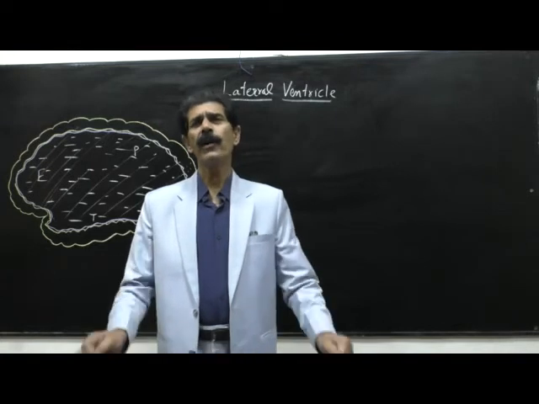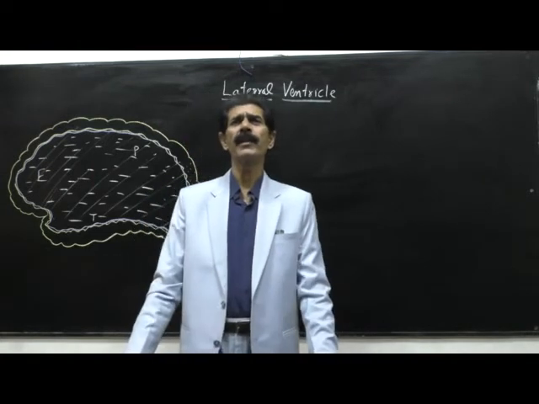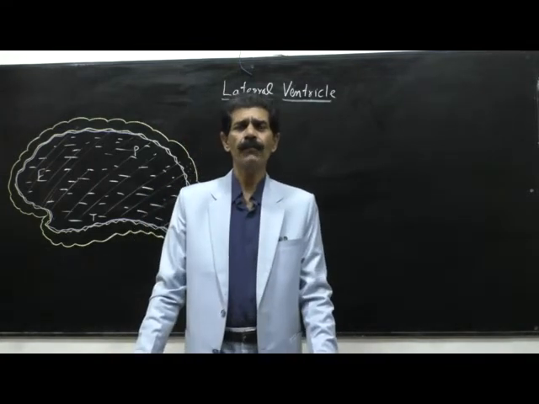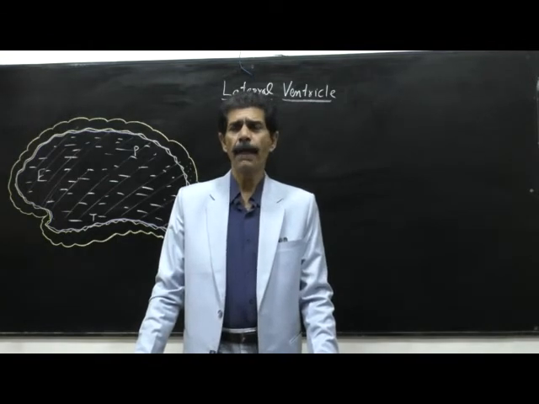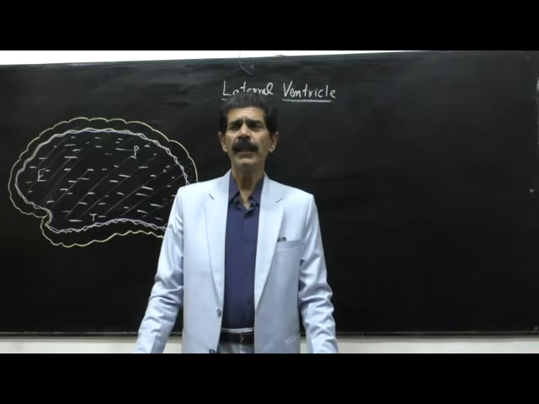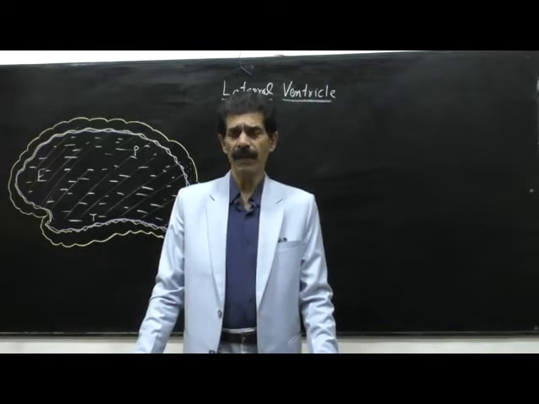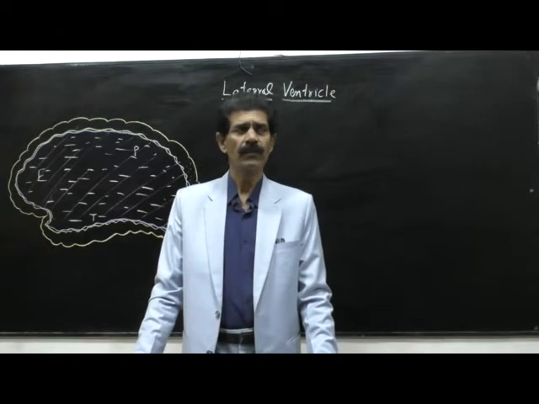So before we go into the detail of the 4 parts of the lateral ventricle lying in the 4 lobes of the cerebrum, a little bit we have to go through the developmental phase of the cerebral grey matter and white matter also.